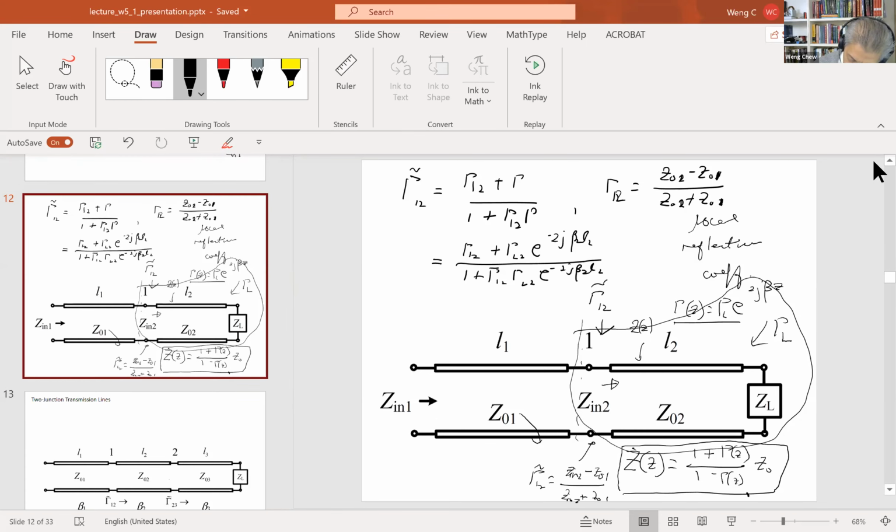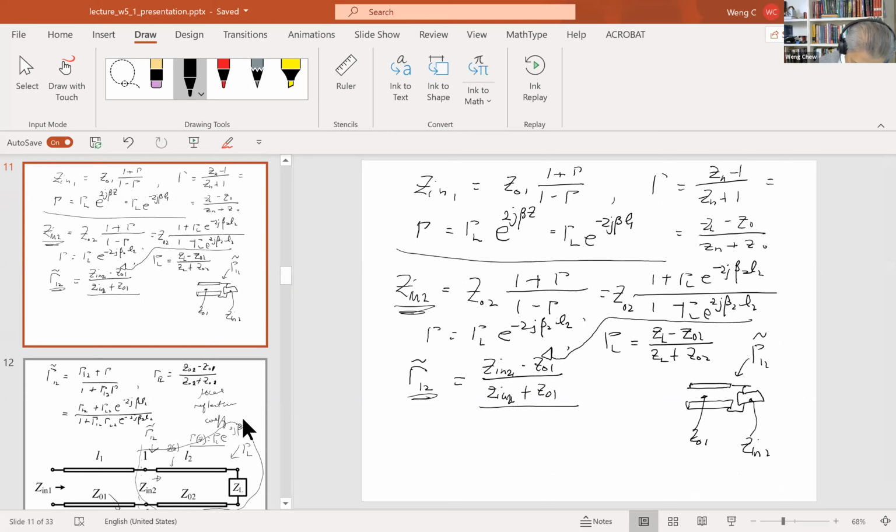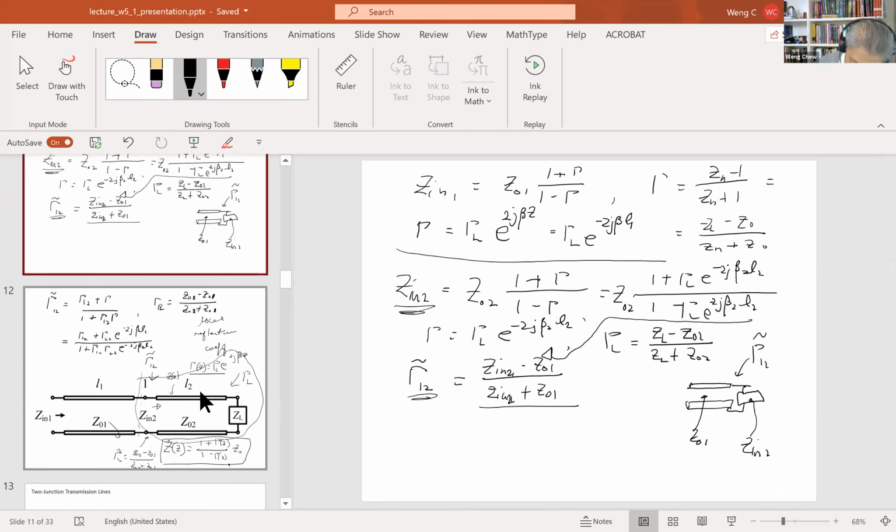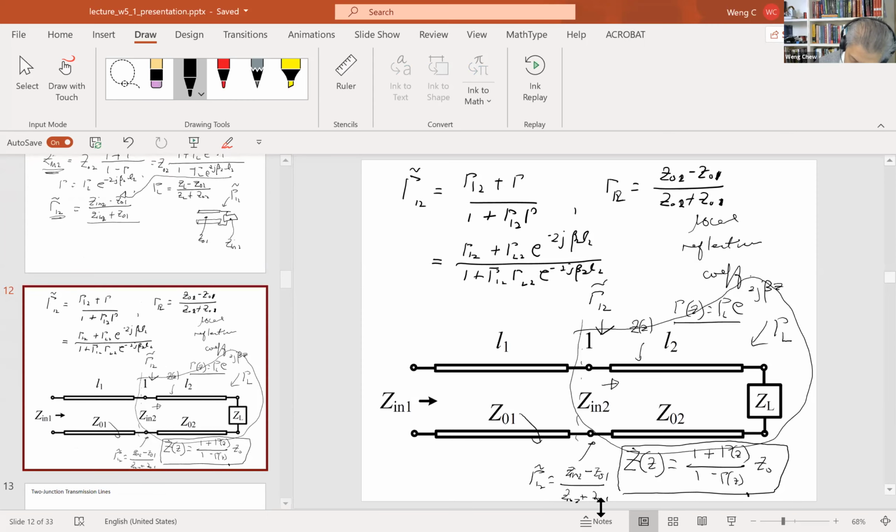So finally, what you have then is this very, very important formula for gamma 1, 2 tilde.